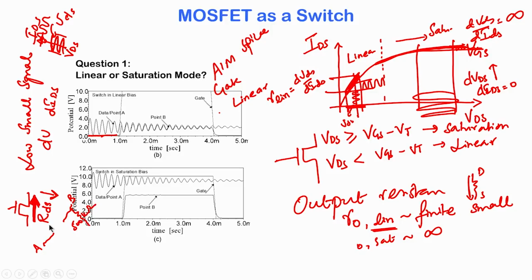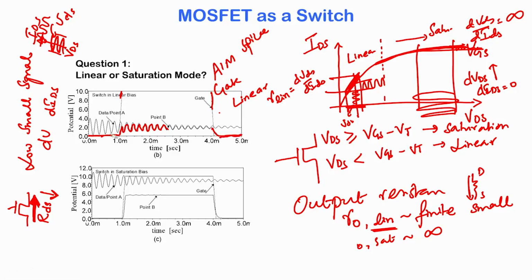Okay, so, point B sees none of this fluctuation, which is what is expected. But the moment the MOSFET turns on, you can see point B climbing up and almost following point A, except for a small delay. It is almost following point A, and the moment the switch closes again, point B loses connection with point A and it goes back to 0.